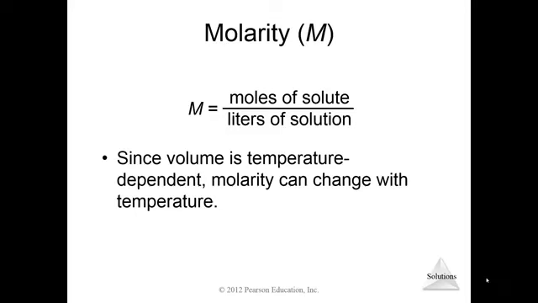However, as you advance in chemistry, you will encounter situations where molarity is simply not an adequate unit. And as such, we need a concentration unit related to molarity that is not temperature dependent.